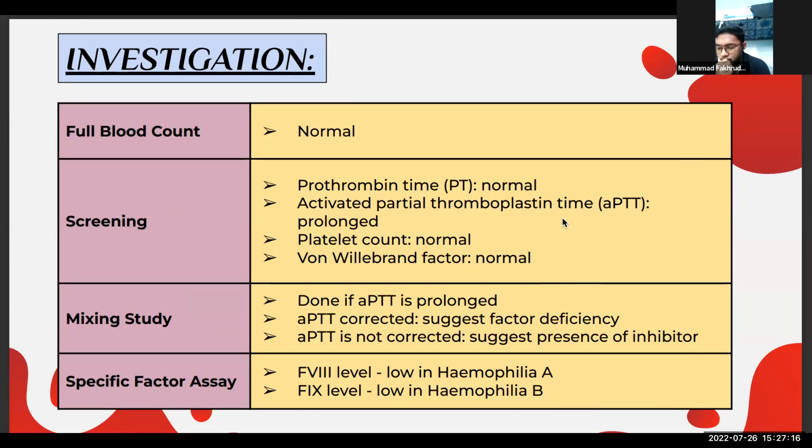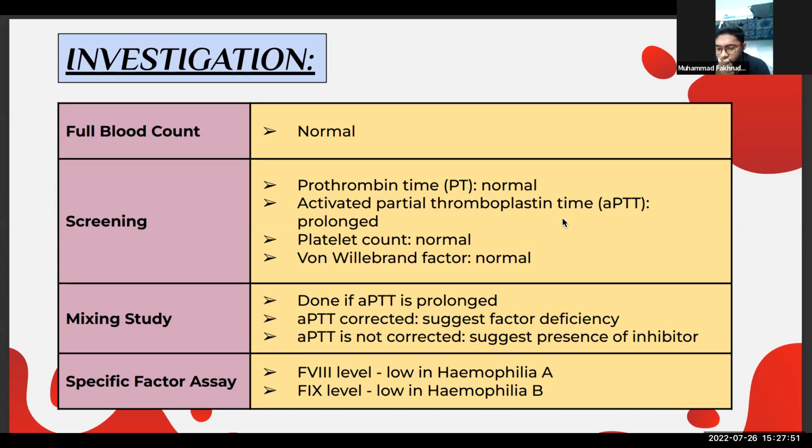And usually in hemophilia patients the PT test is normal because it does not involve the extrinsic pathway. Meanwhile, next we do the activated partial thromboplastin time, or APTT, and it will be prolonged in hemophilia. And the platelet count will be normal in this patient. And we also need to screen the von Willebrand factor, because it will overlap with hemophilia.